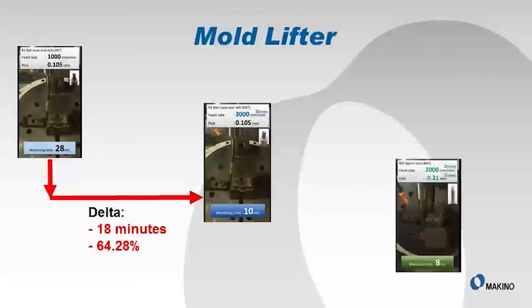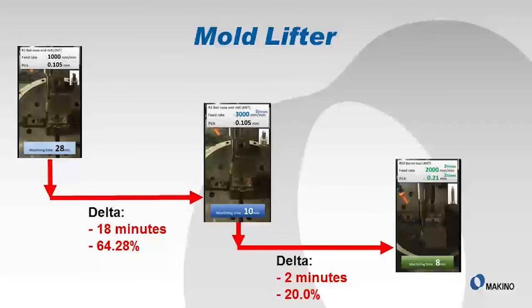We've gone from 28 minutes to a 10-minute cycle time. That's a reduction of 18 minutes, which is a 64% cycle time reduction. Then the last one, using the barrel cutter, we went 2 times the feed rate and 2 times the pick feed, and we're down to an 8-minute cycle time, so that's an additional 2 minutes or 20% reduction.